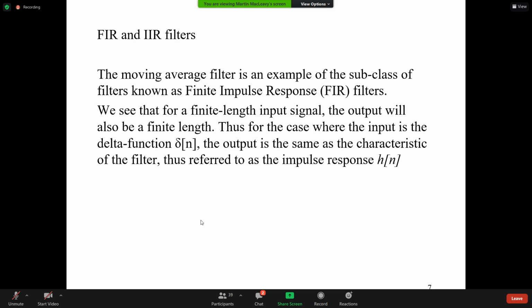The other thing to note with these filters is that if the input is a delta function, delta n, then the output will be the same as the characteristic of the filter. In other words, what we get out is referred to as the impulse response of the filter.